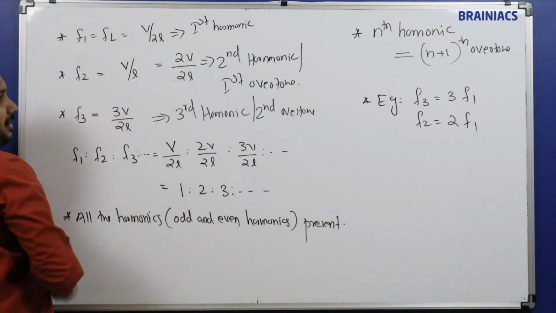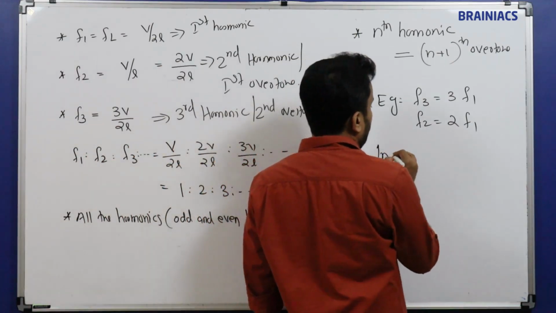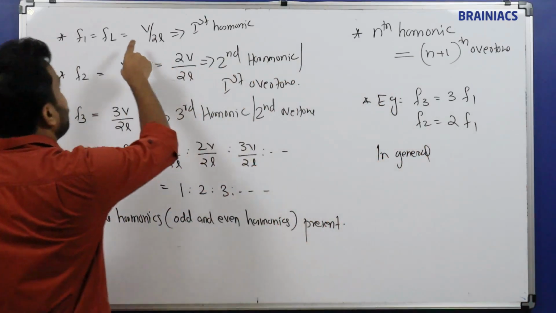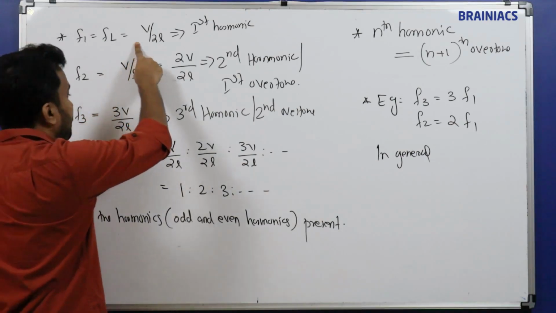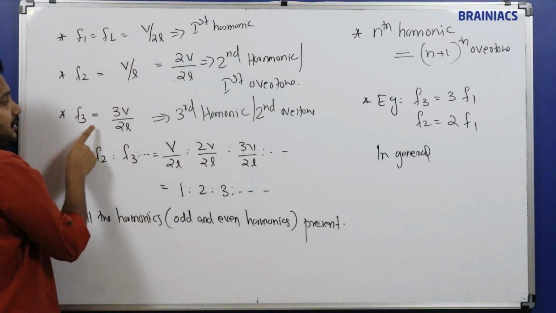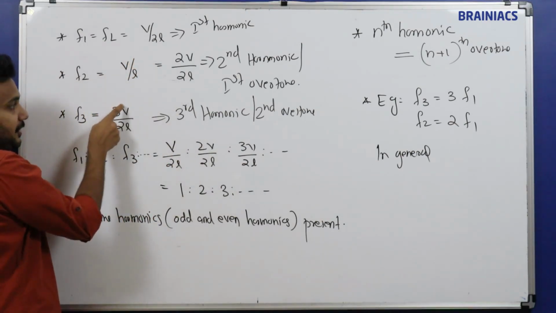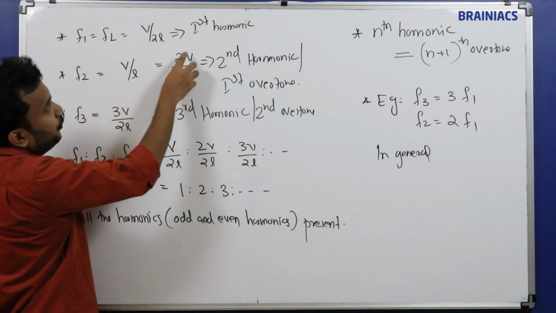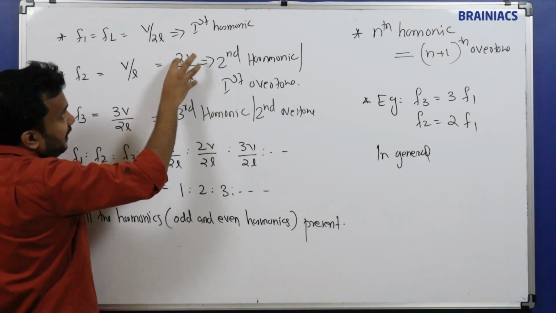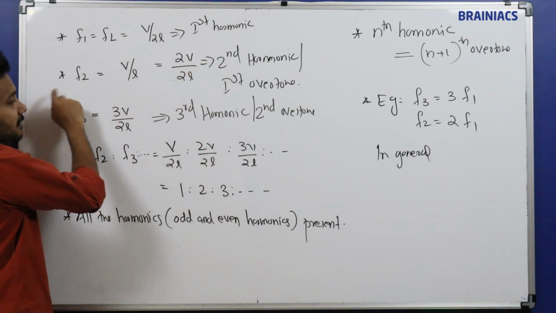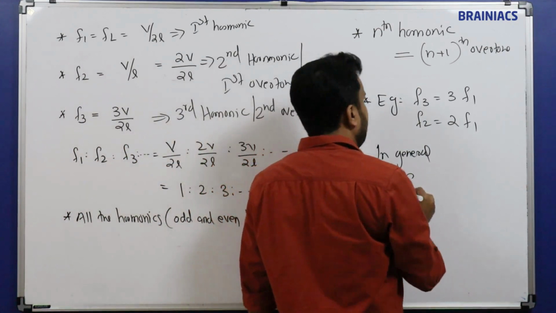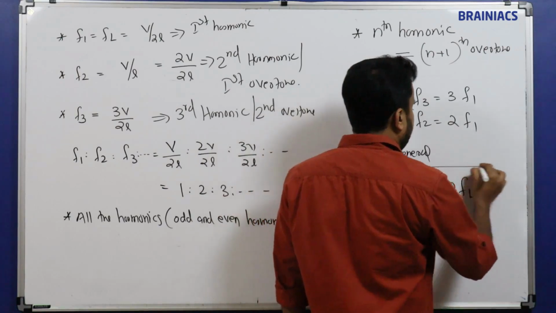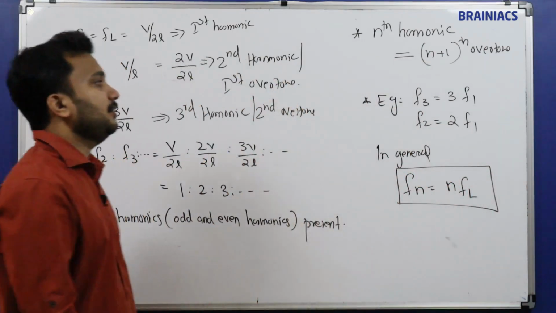So in general, F3 is 3 times F1. This V by 2L term is F1. Similarly, F2 means V by 2L, which is F1, multiplied by 2. In general, Fn is equal to n times F1, the fundamental frequency.